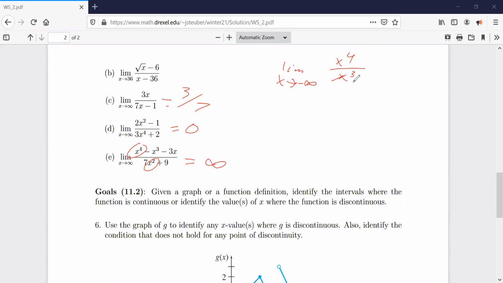In this case, the bottom's going to be negative, so this approaches negative infinity. That's something to keep in mind. If you're approaching negative infinity, you also have to keep in mind what the lead power is. If it's odd, then that's basically multiplying by negative.